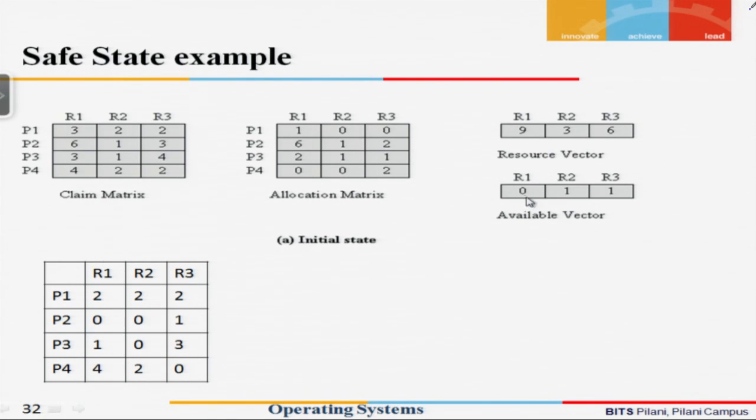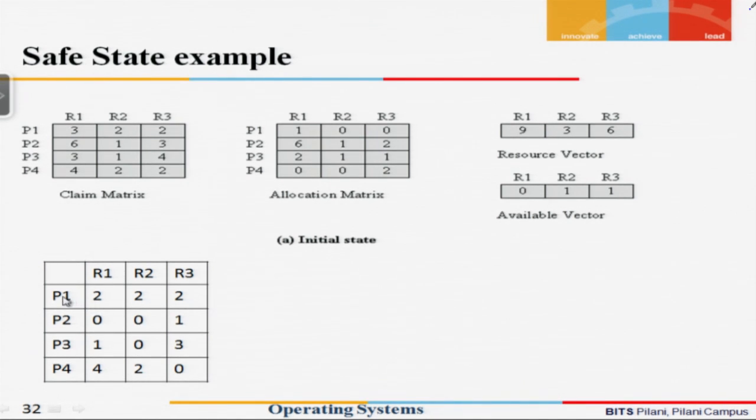We find that we have an available vector which is 0 1 1, and we try to look for the need which can be met. We find that the process P2's need can be met by this.